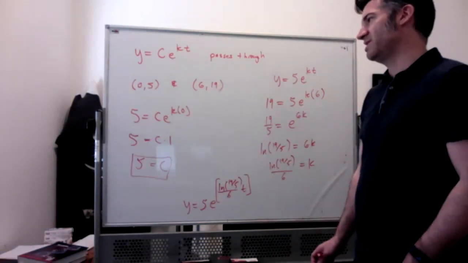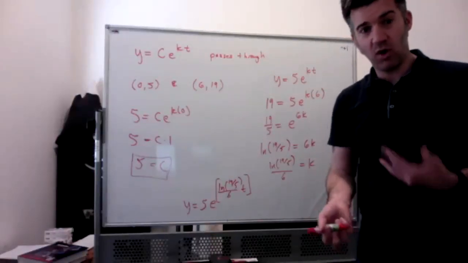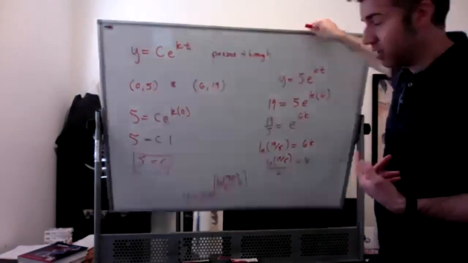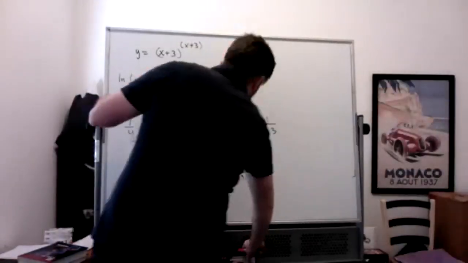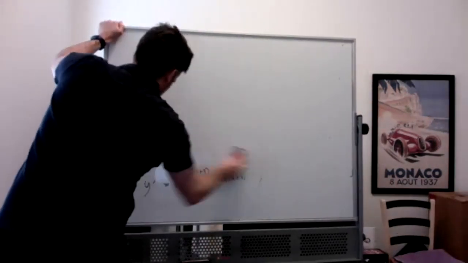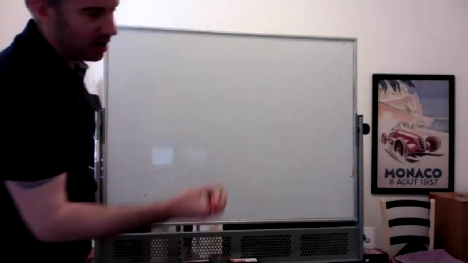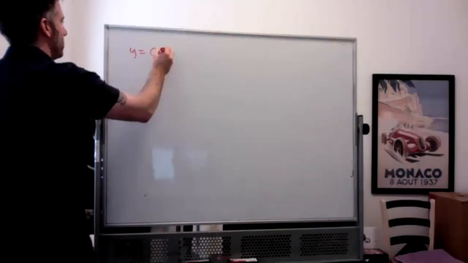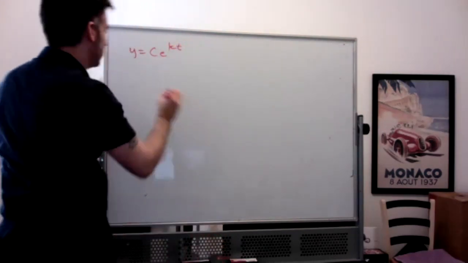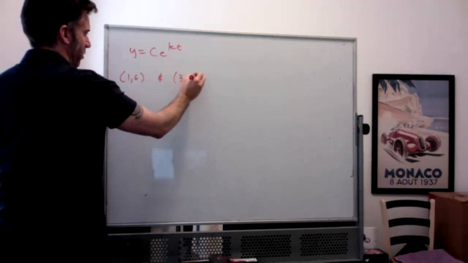This problem could be harder, specifically if they didn't give you one where it was 0 for your t. Here's what I mean. Let's say we had the same setup, but instead of having those 2 points, now it passes through the points 1, 6, and 3, 24.